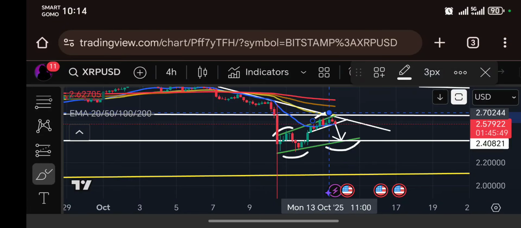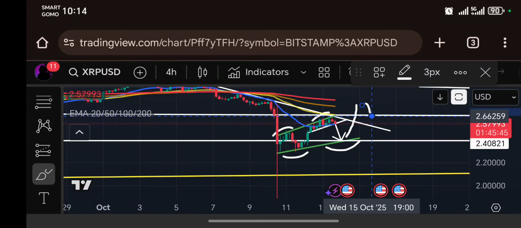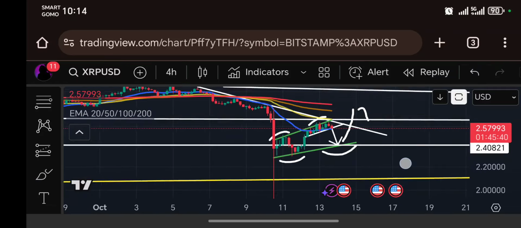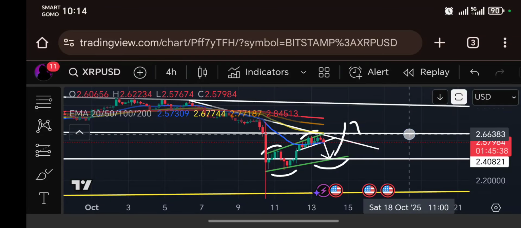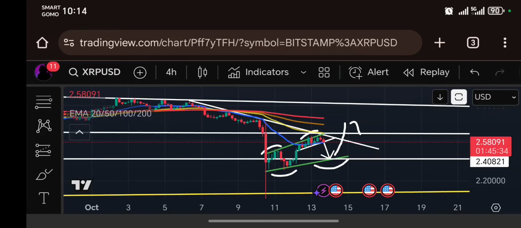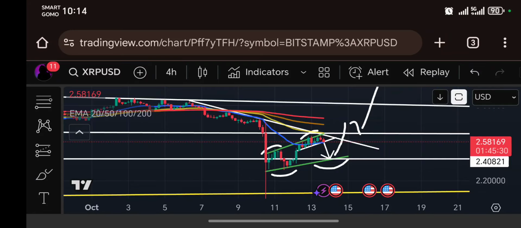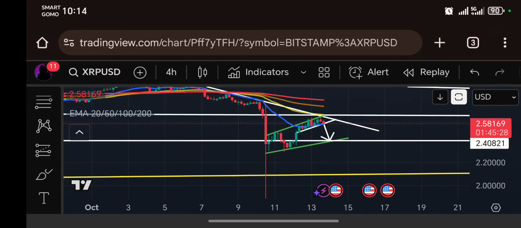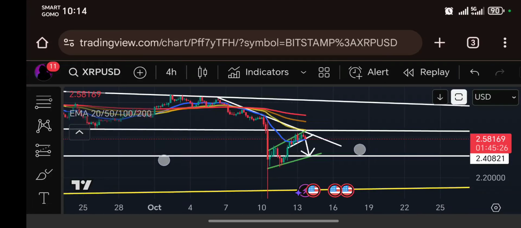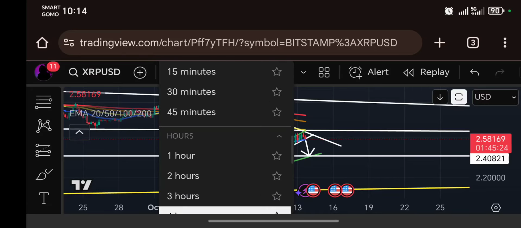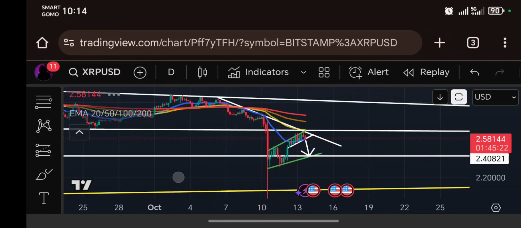So I hope after hitting this, we're gonna move higher again and break this resistance. I hope we break this 2.66 area resistance, then retest before we bounce up to the upside. I hope that happens. Okay, so let's dive into the higher time frames.